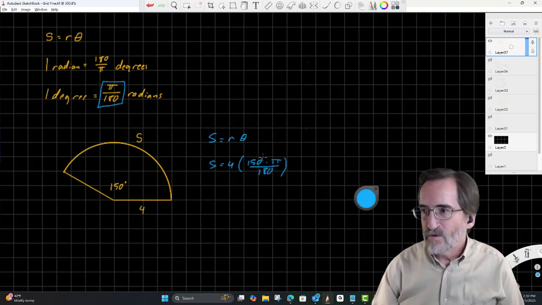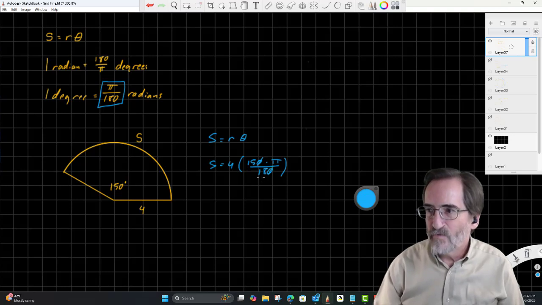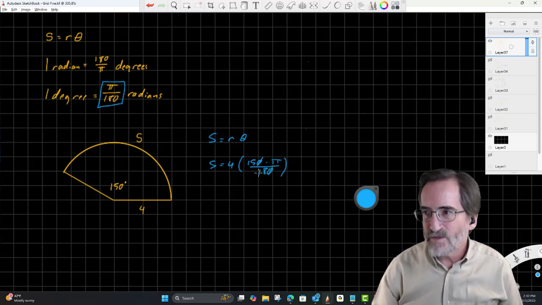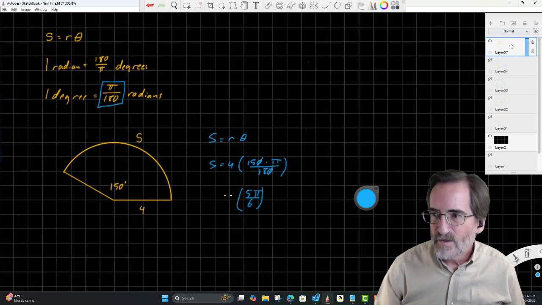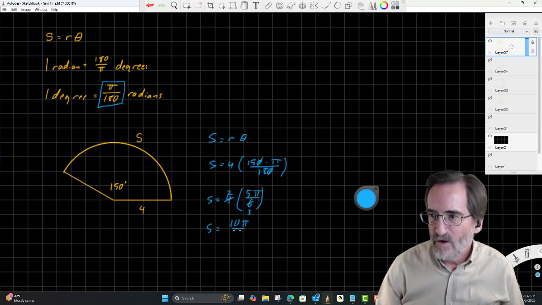Okay, the zeros knock off. 15 over 18 is 5 over 6. So this is 5 pi over 6 times 4. And 4 reduces with 6 to 2 over 3. 2 times 5 is 10. This is 10 pi over 3.